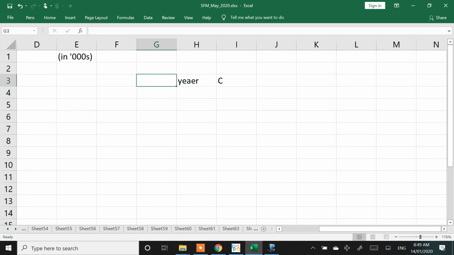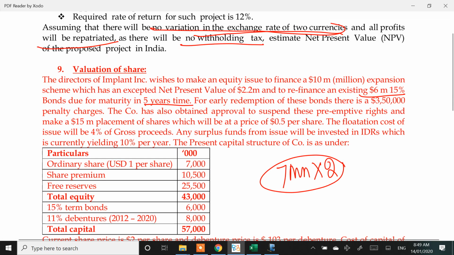Year, cash flow, PVF, DCF. Year 0, I will have to pay 6,350. 6 million needs to be paid for this and another 350.